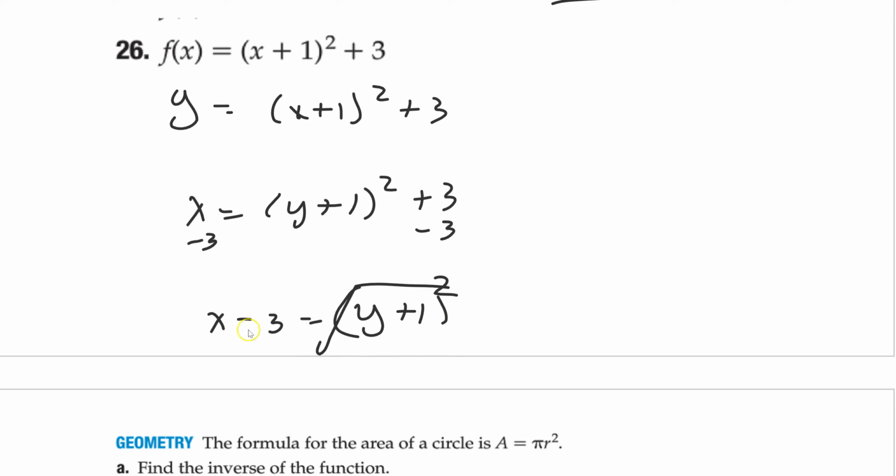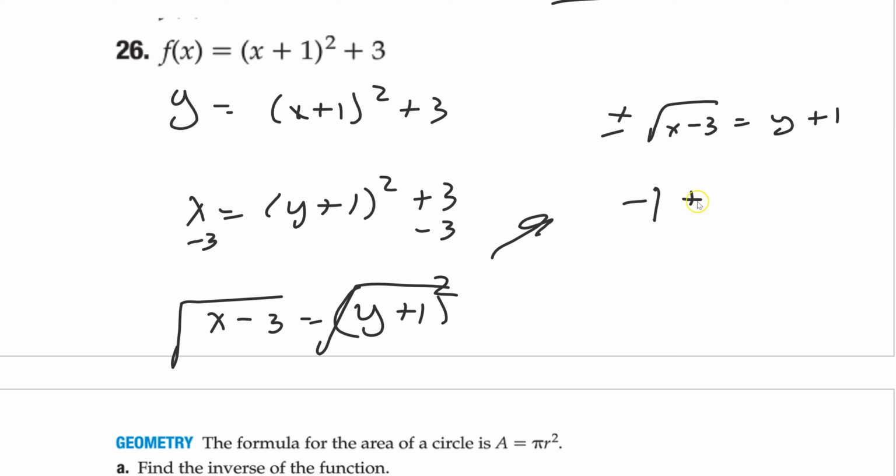Then we're going to square root it. Plus and minus the square root of x minus 3 equals y plus 1. Then subtract 1. So negative 1 plus or minus the square root of x minus 3 equals y. Or we could change that to f inverse.